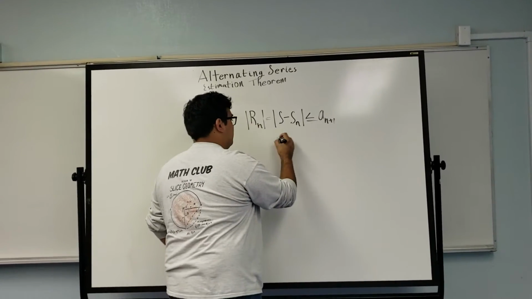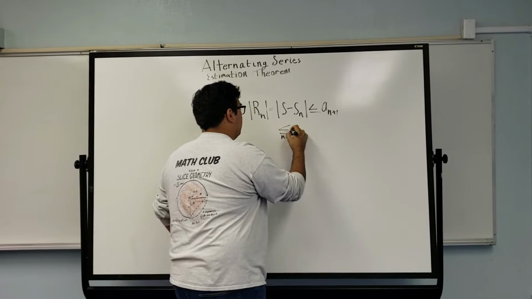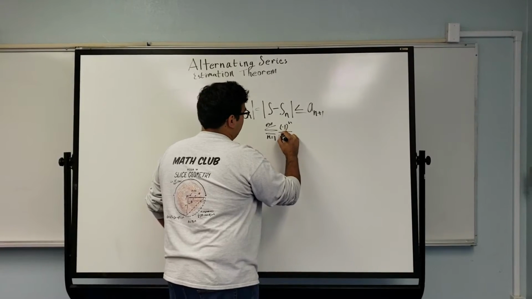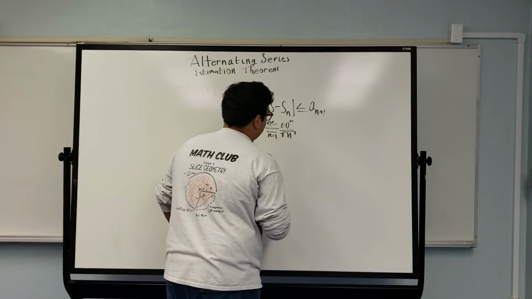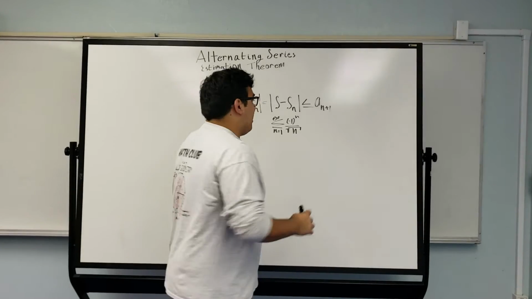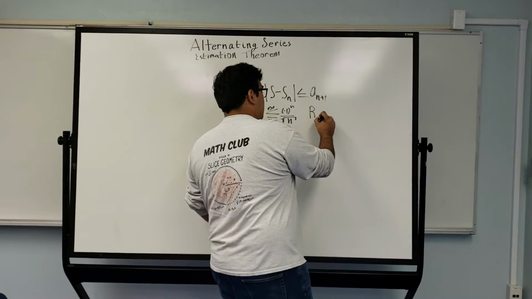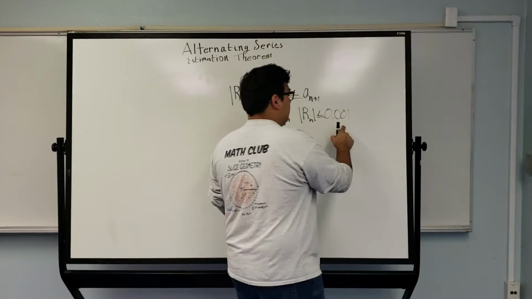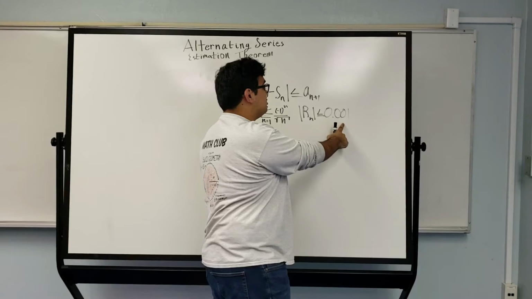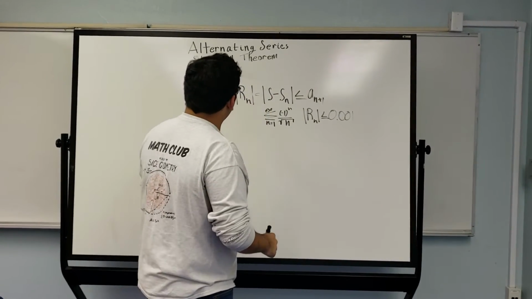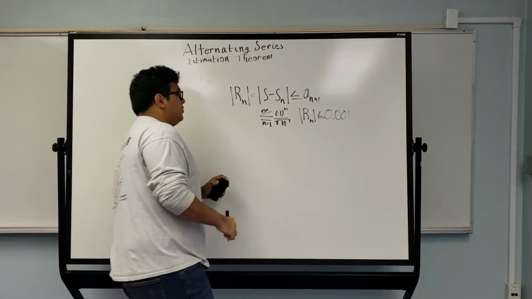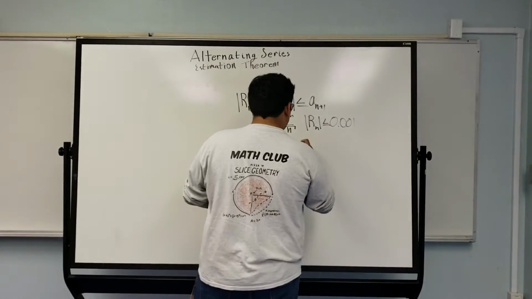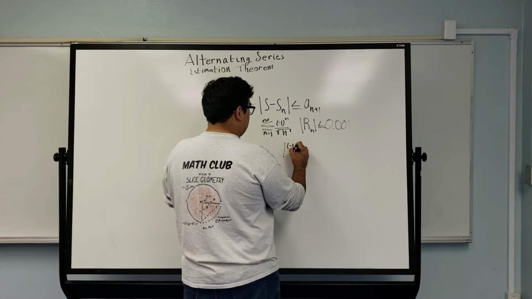So, let's take a look at a series, shall we? Let's say we have the series from n equals 1 to infinity of negative 1 to the n over square root of n. And we want to get our remainder, or our error, correct within 2 decimal places. So what we do is replace the remainder with the n plus first term of the series.